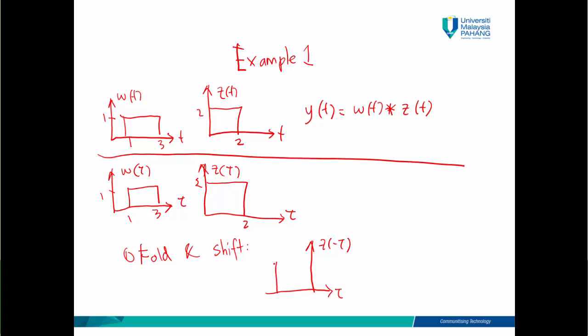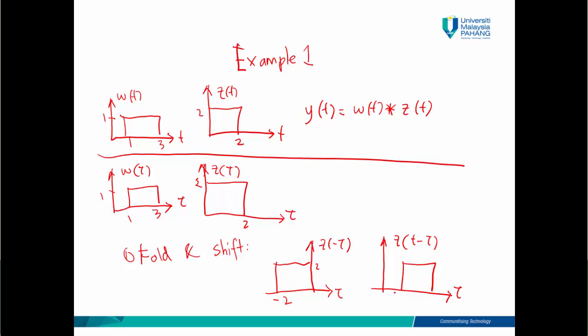It's like this, 2 and negative 2. And then we shift the z signal to t. So we have z(t minus tau), and then the z signal becomes, since here is negative 2, the tau is negative 2, so t minus tau equals t minus 2.